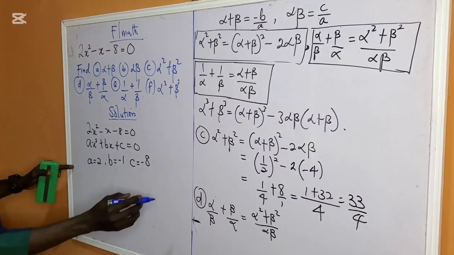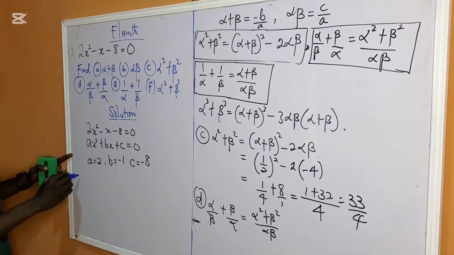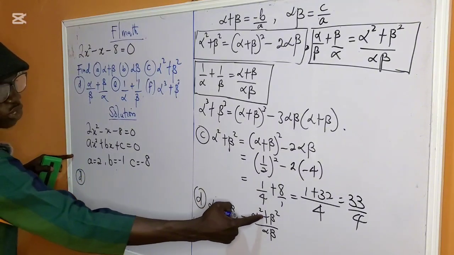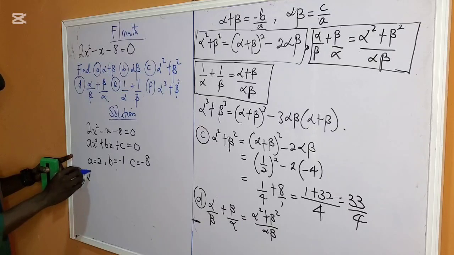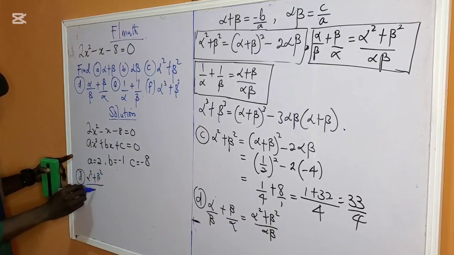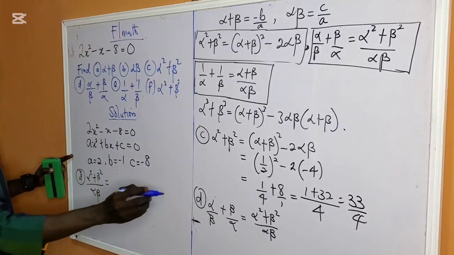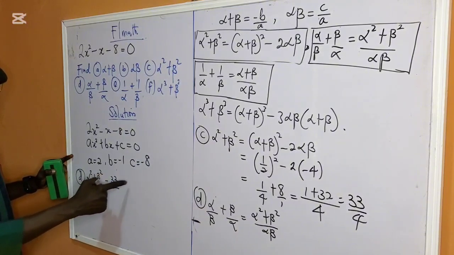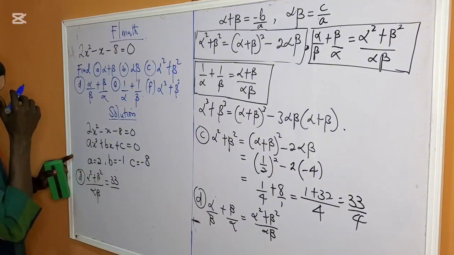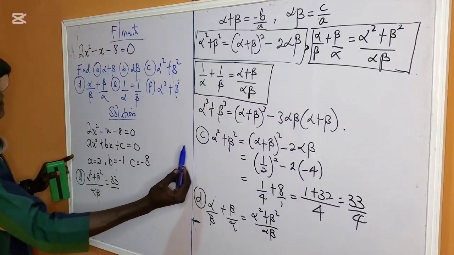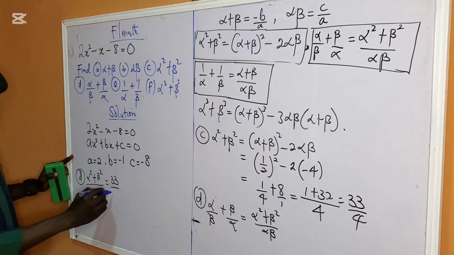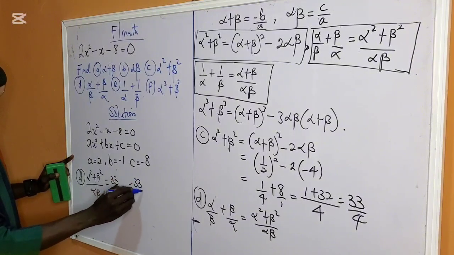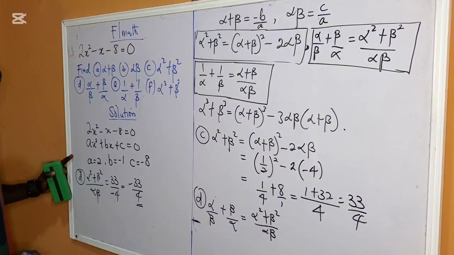The answer to that is alpha squared plus beta squared over alpha beta, which will give us alpha squared plus beta squared, that is 33, divided by alpha beta, what we got was -4. So that is minus 33 over 4, our answer.